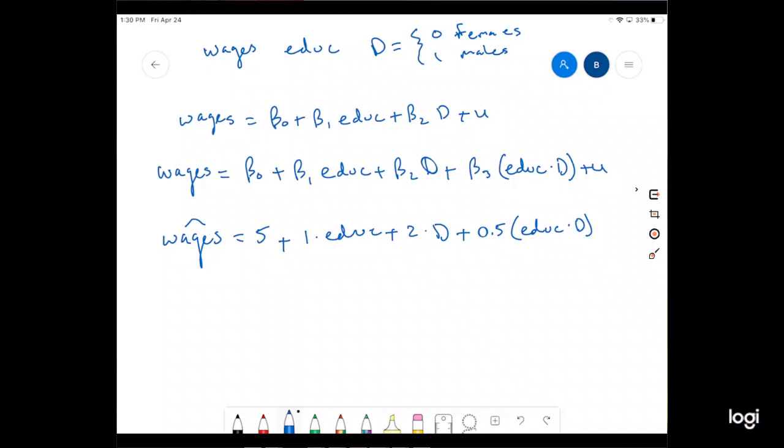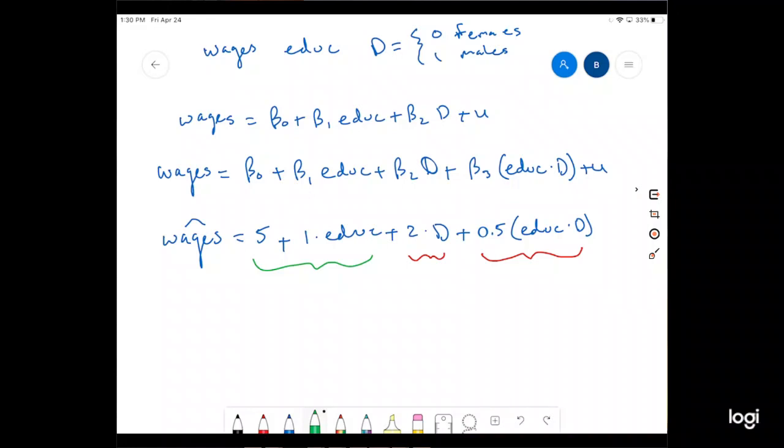All right, so we have females. This dummy is equal to 0 for females. So if we're talking about females, then this term over here is going to drop out, and this term is going to drop out. So I said females with 10 years of education. So the only thing that matters here is going to be the remaining terms, the intercept, and education.